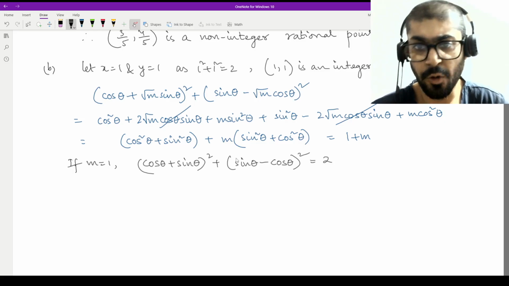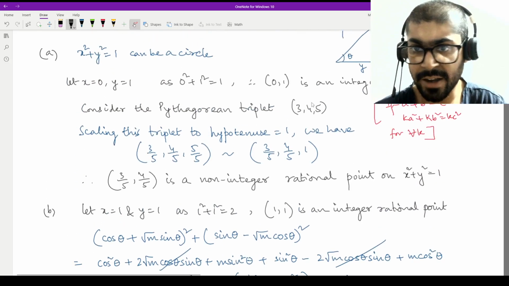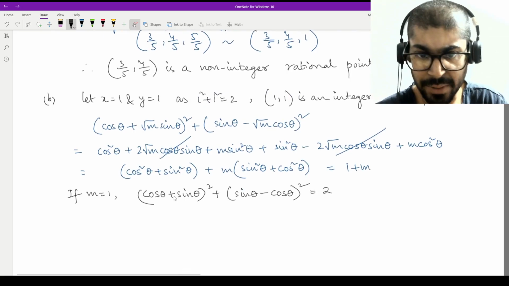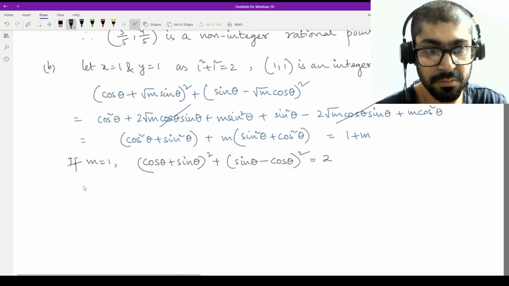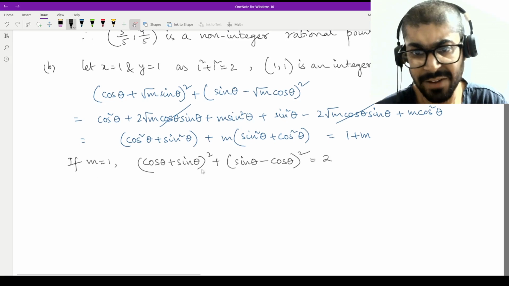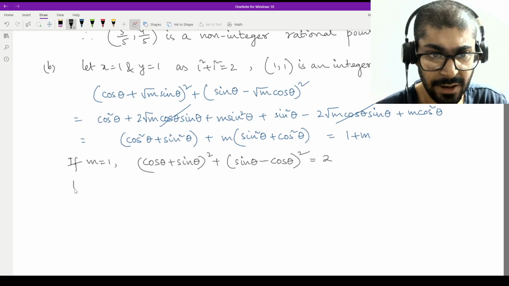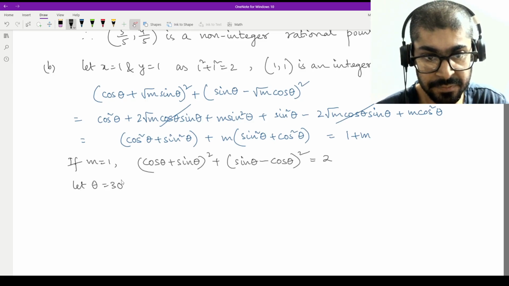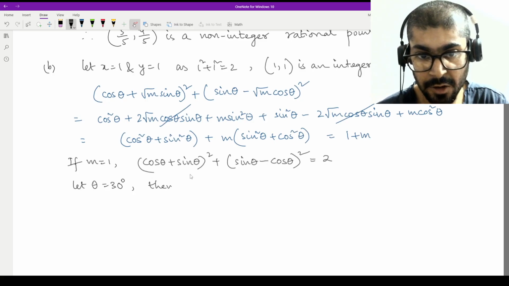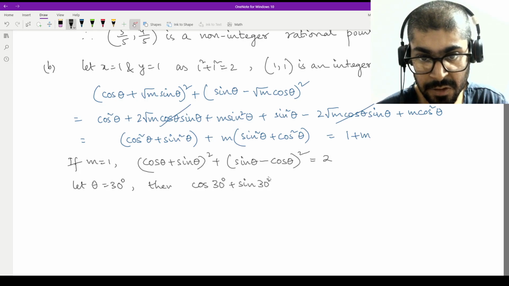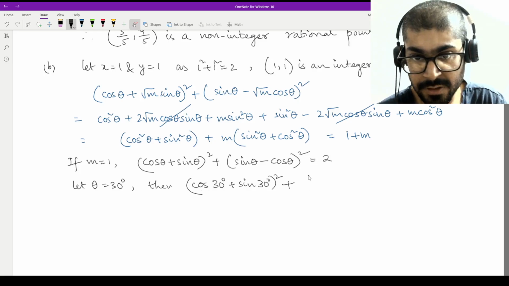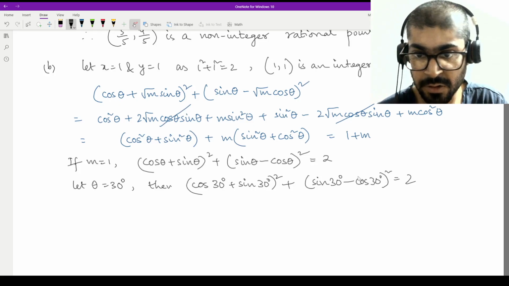Okay, so if you want, you can use the trigonometric ratios from this triangle, or you can set any value of theta and obtain the required equations. Alright, so do not use 45 degrees because that will make this part 0. You can just use 30 degrees. So let theta equal 30 degrees, then cos 30 plus sine 30 whole square plus sine 30 degrees minus cos 30 degrees whole square equal to 2.